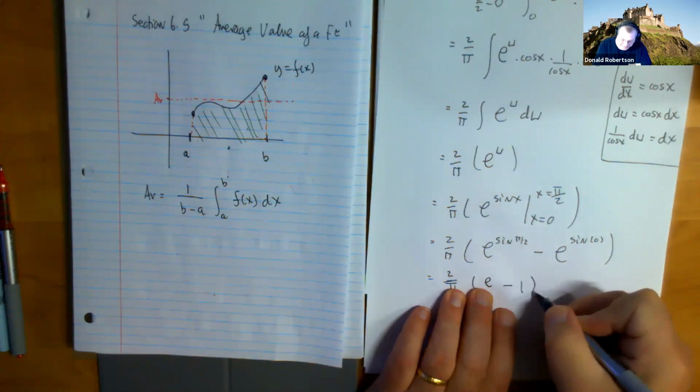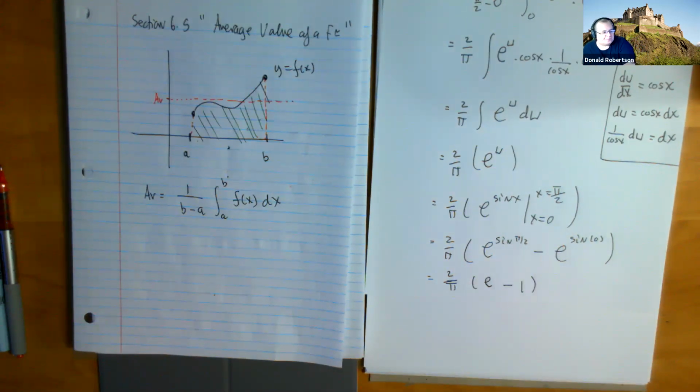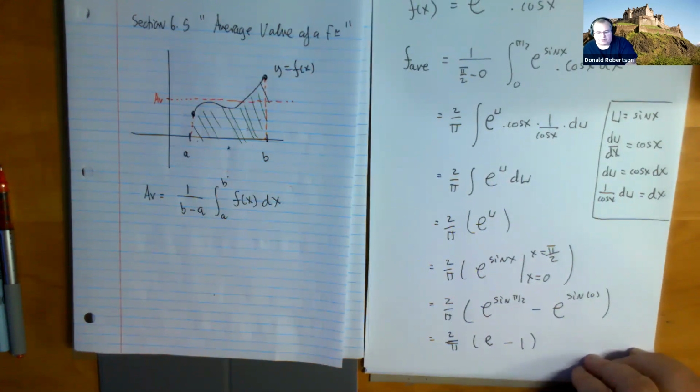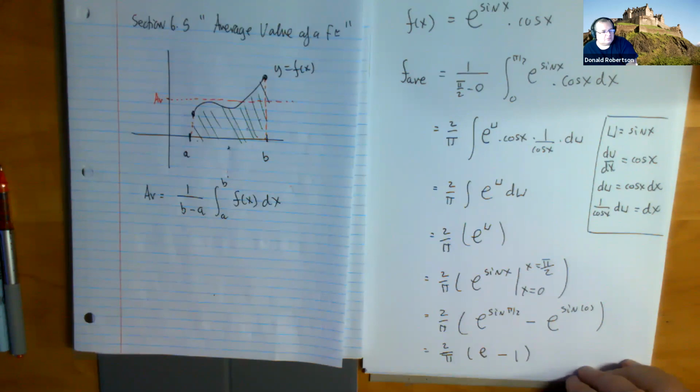So we take away 1, and we're finished. No decimals. Exact value, we're done. You comfortable with that question? Anything in it that you want me to explain a bit better? Okay.